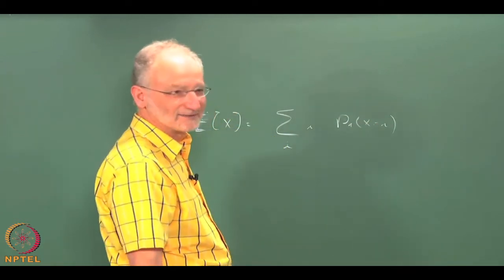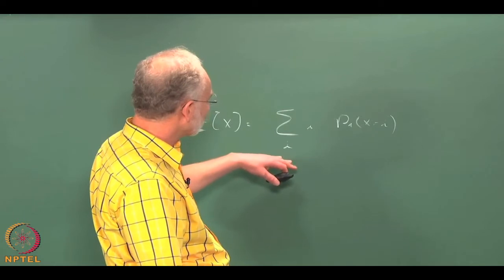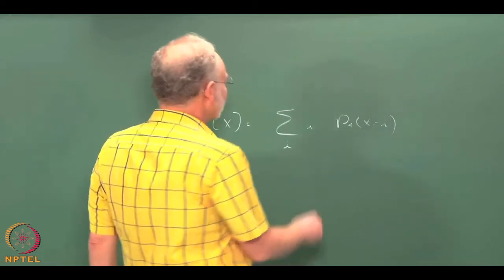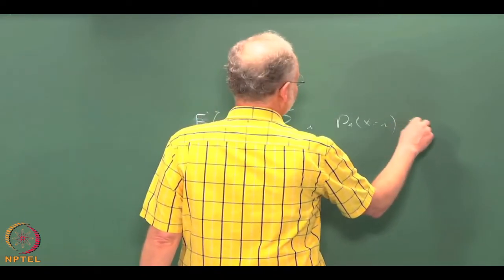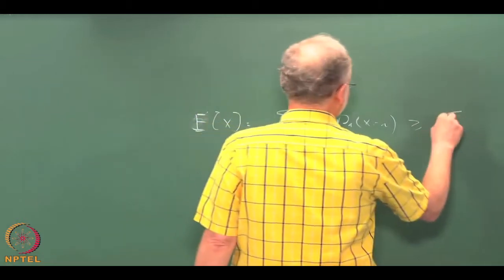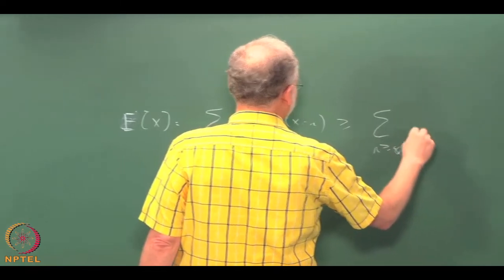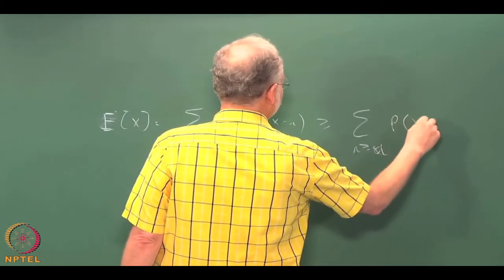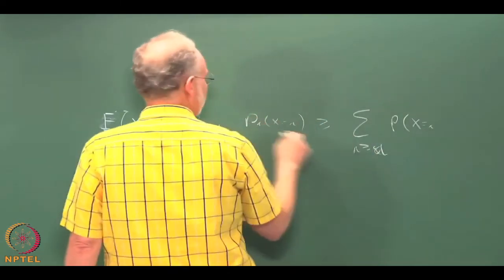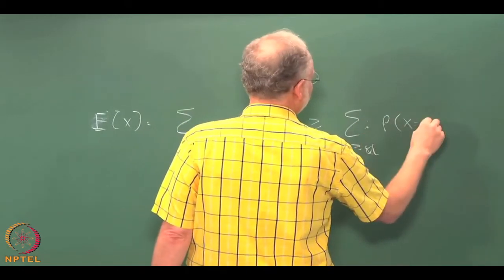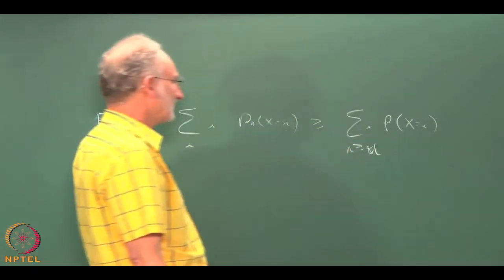Now let's do two simplifications. First, this is definitely greater or equal than if we just sum above a: the sum of i times the probability that x equals i.